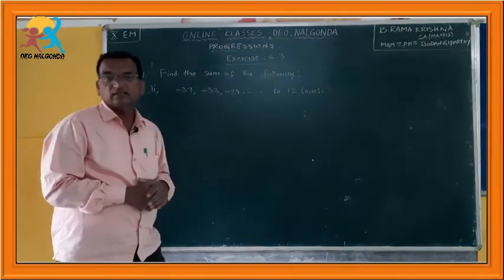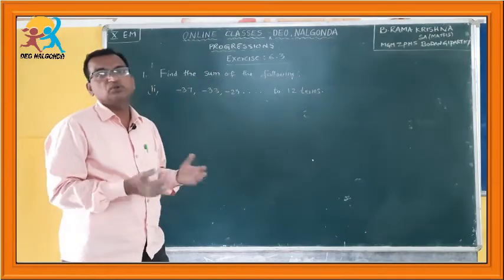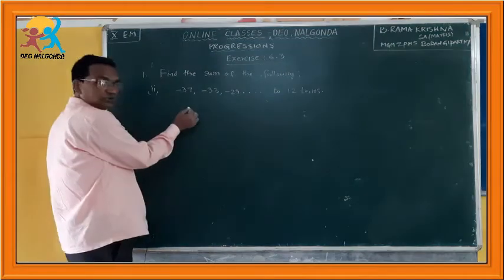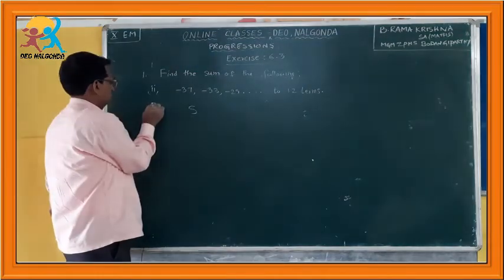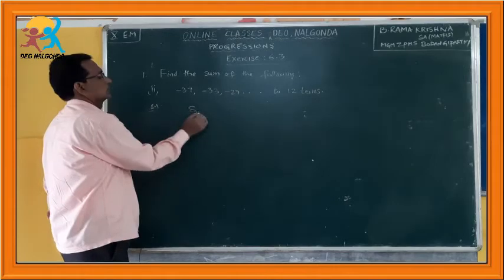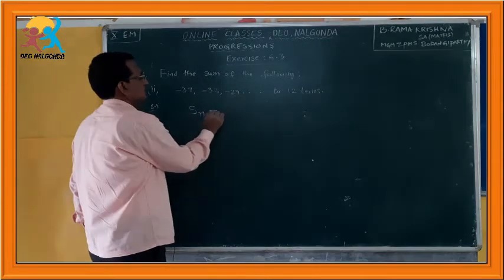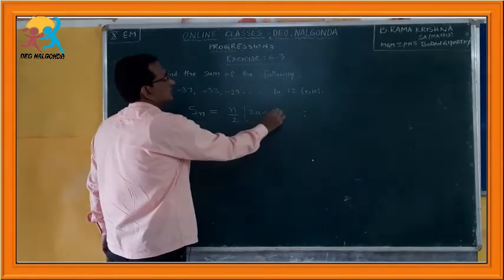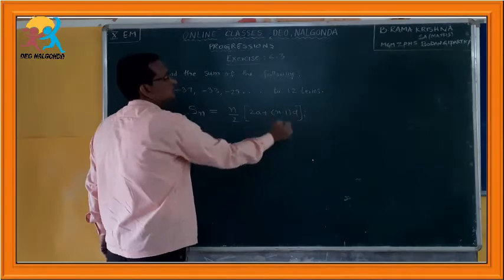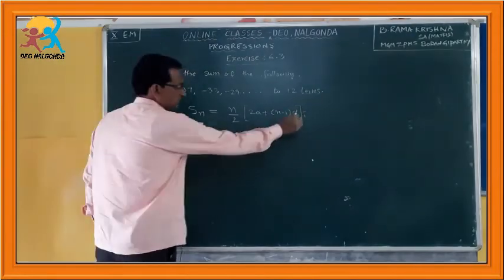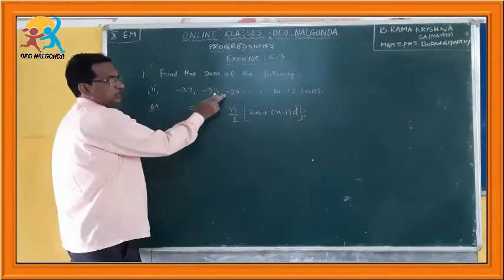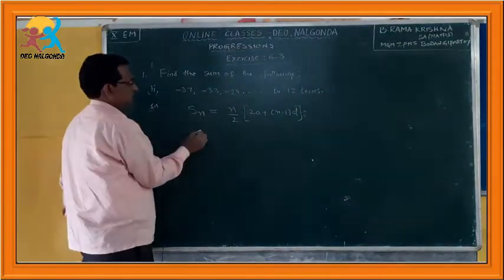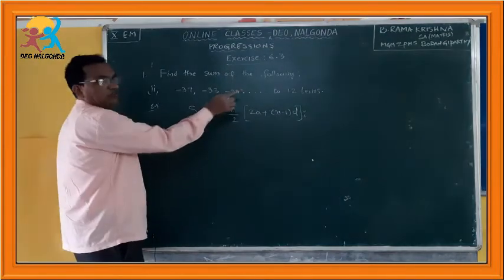Then, how to find the sum to n terms? That is the formula we know, and we have to use it. What is the notation? Sum to n terms is given by Sn is equal to n by 2 into 2a plus n minus 1 into d. Here we have to find the sum up to 12 terms, therefore in the place of n we can write 12.